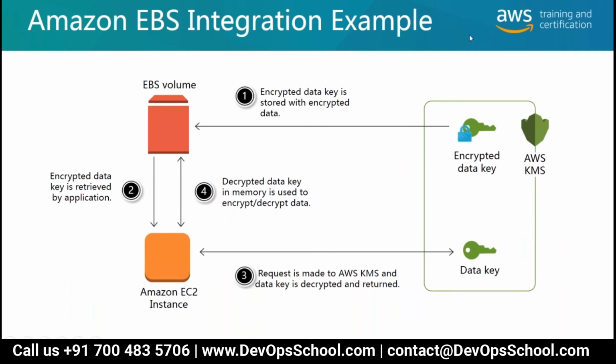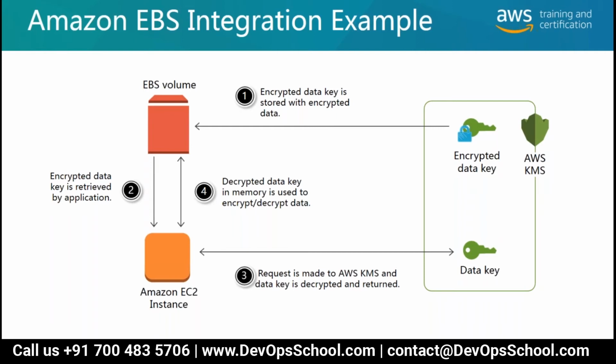Let's take EBS integration as an example here. How does EBS use your KMS to work with encrypting and decrypting your data? EBS offers volume encryption, right? So you can do that volume encryption using KMS. Each volume is encrypted using the standard AES algorithm.